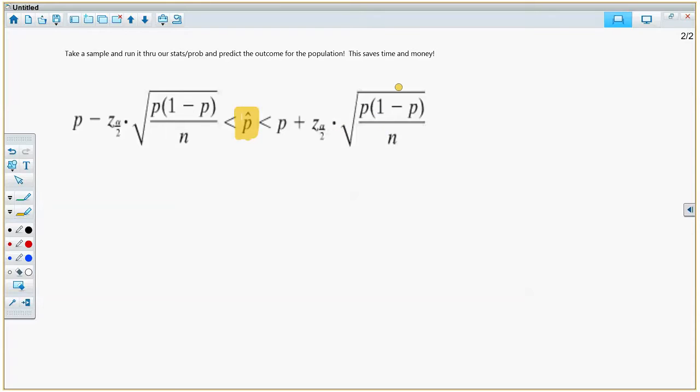So that's the confidence interval. The confidence level is how confident you are that the sample prediction is representative of the population.